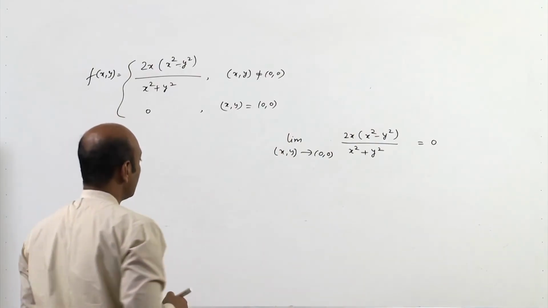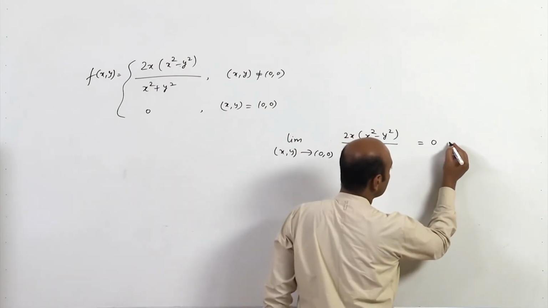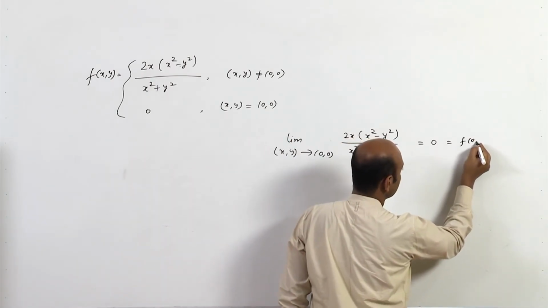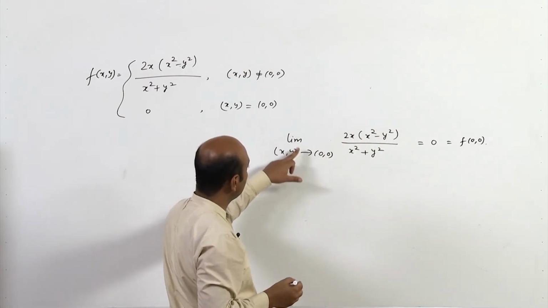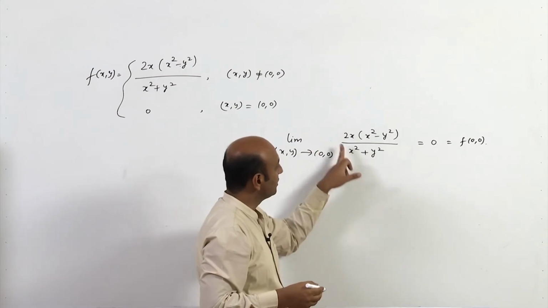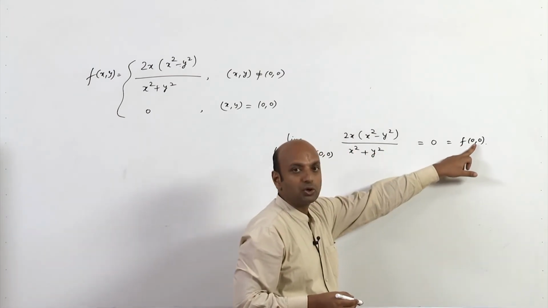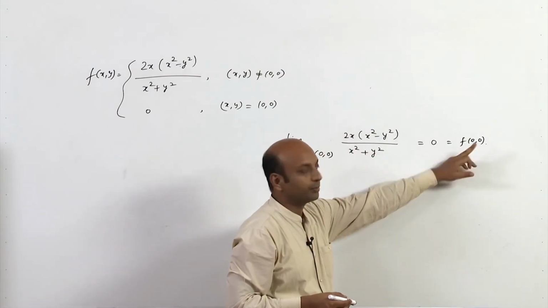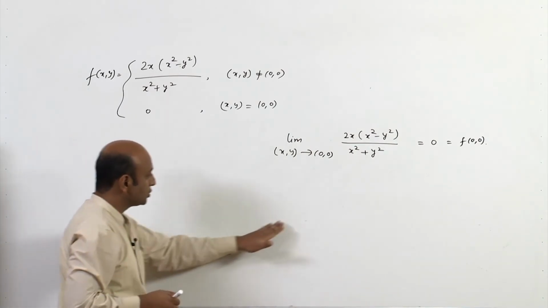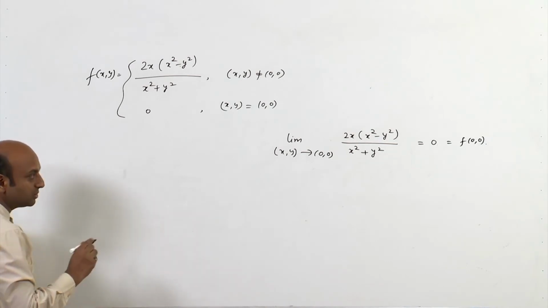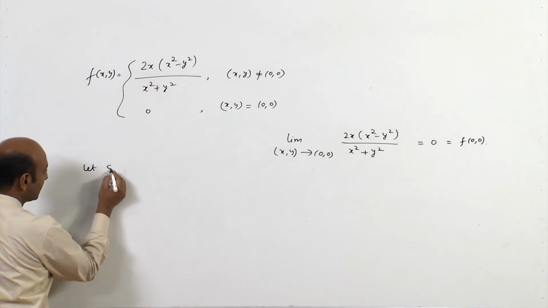So this is 0, which is equal to f(0,0) basically. So we are trying to show that the value of the limit of the function is equal to the value of the function at 0 comma 0. Okay. So how can we show this? We will show it using the delta epsilon definition. So let epsilon greater than 0 be given.